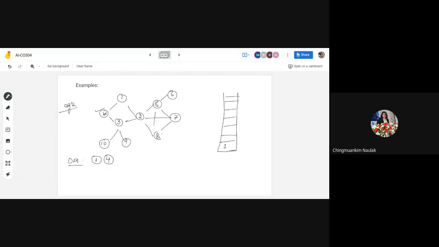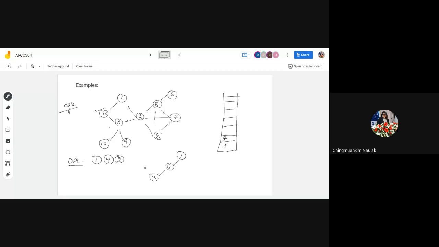Now, after that, 4 has adjacent nodes 3, right? Okay, do it like this: 1, 4, and then 3, right? You're visiting 3 now. So suspend 4 and write 3 here in the visited node. Okay, these are the visited nodes.